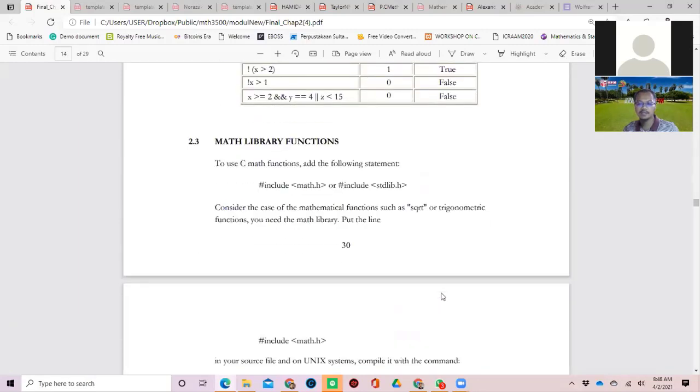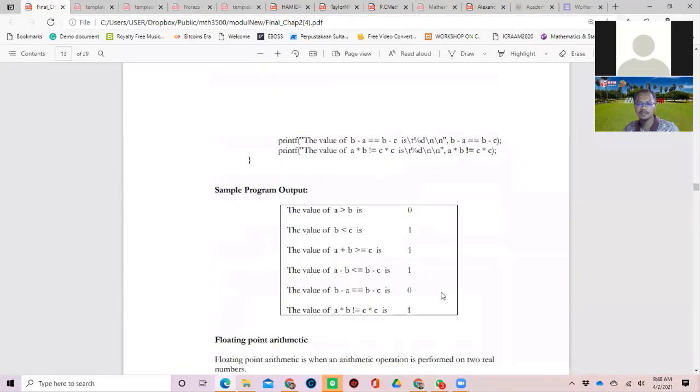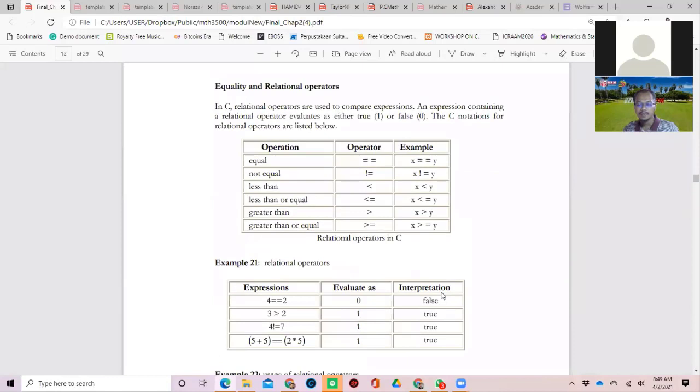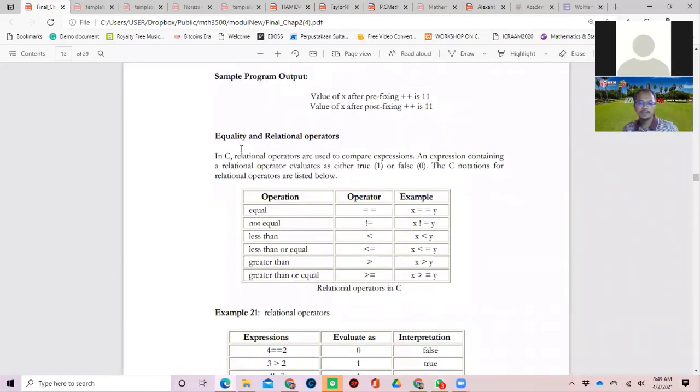Or in the exercise. After we finish all this, we will do exercise 1. Okay, now finish this one. So equality and relational operators. In C, they have two possible results, either true or false.